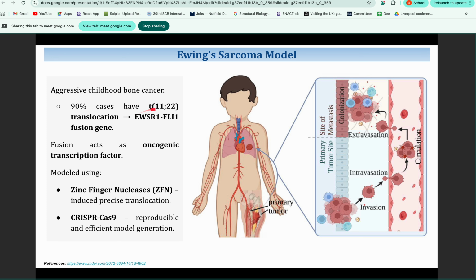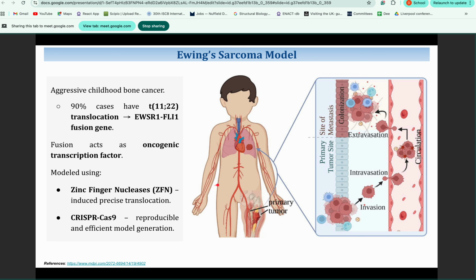If there is this translocation in 90% of the cases, this leads to the Ewing sarcoma model, in which there is the primary tumor, the primary site from where the tumor has started. This fusion acts as an oncogenic transcription factor, and it is modeled using zinc finger nucleases to induce the precise translocation, and CRISPR-Cas9 for reproducible and efficient model generation.